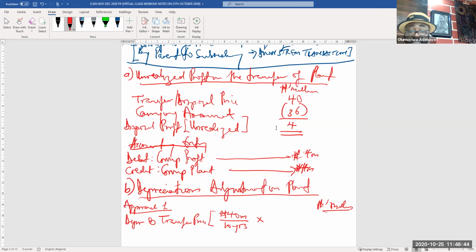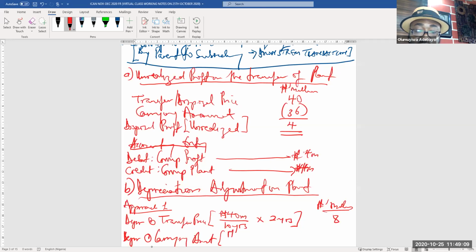Second depreciation will have started from 1st of January 2015 to 31st December 2015, which make up 2 years. Which means if you recognize depreciation of 4 million for each of the year, for 2 years now, you'll have charged 8 million. Instead of you to have charged how much based on the carrying amount?